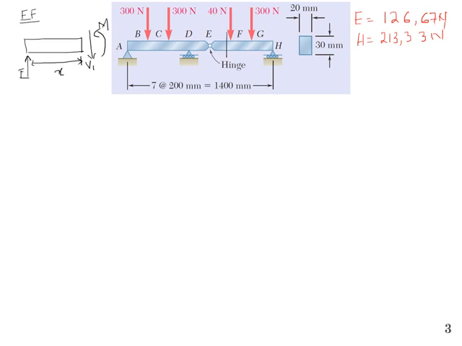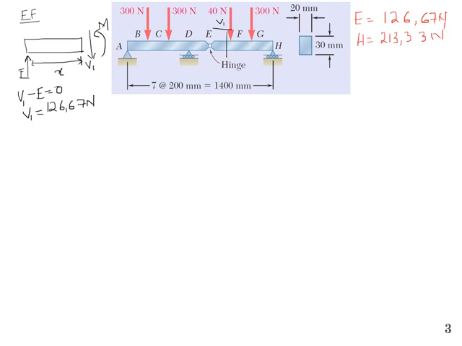So if I want to write V1 minus E, that will be equal to 0. And this leads us to V1 is equal to positive E, and that is 126.67 Newton. And that value of V1 will be constant between E and F.